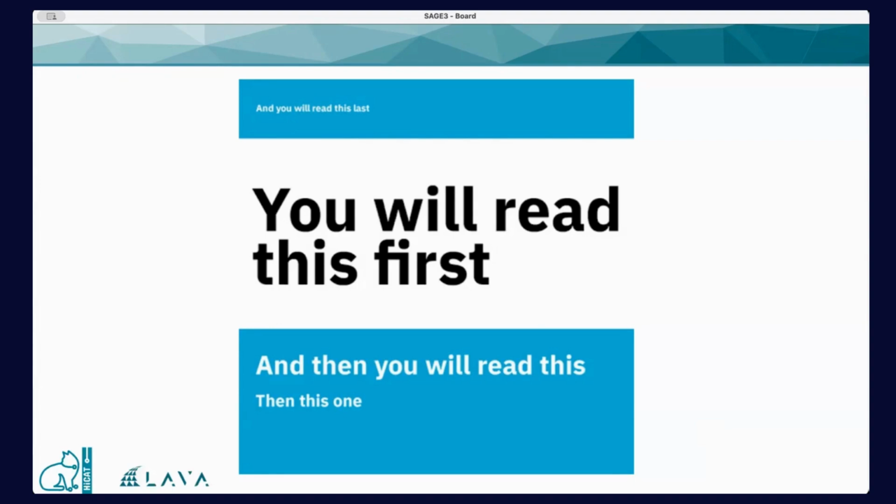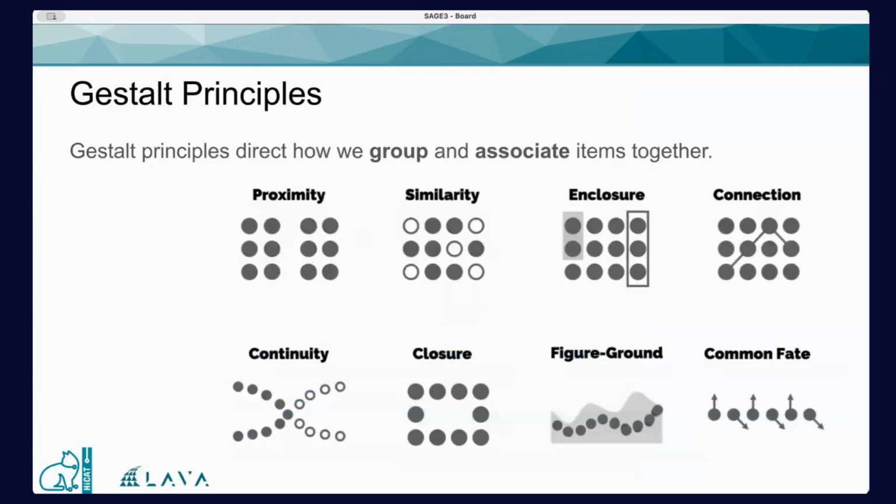So there are a lot of these little things to understand. There's this whole suite of Gestalt principles which help us group and associate items together. Things that are closer together appear to be grouped, things that are more similar appear to be grouped, things inside of an enclosure appear to be in a group.